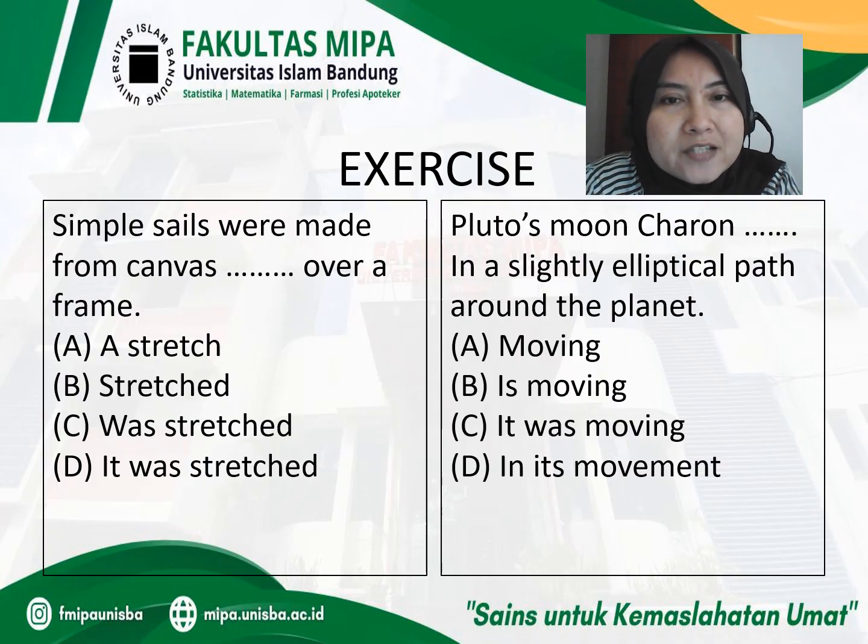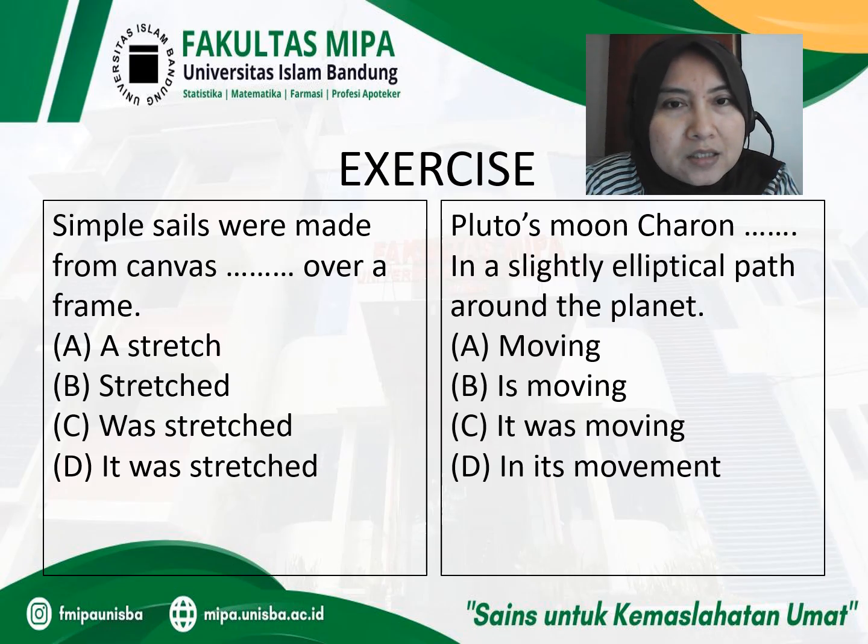Next, look at the phrase over a frame. This tells us that the missing word should describe how the canvas is positioned. So we are looking for a past participle that functions as an adjective, modifying the word canvas. So let's check option A, a stretch. A stretch is a noun phrase and it does not fit grammatically.